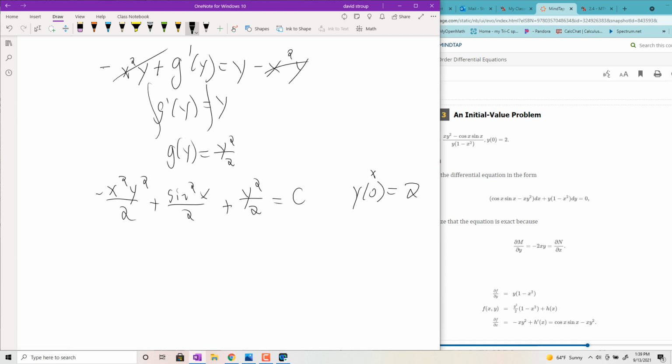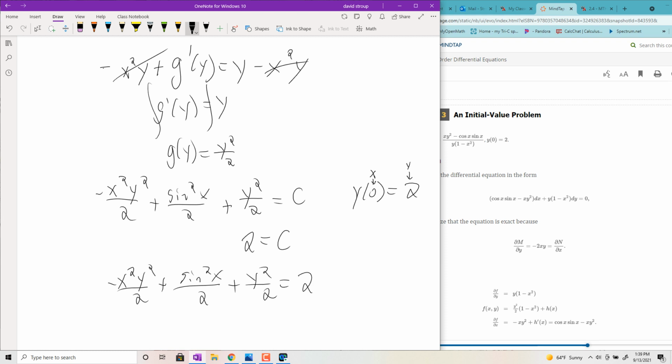The x is the 0, and the y is the 2, if that's not clear. Plugging in 0 in the first term will just be 0. Then the second term, sine of 0 squared, sine of 0 is 0, so that whole thing will just be 0. And then finally, plugging in y is 2, so y squared is 4, all over 2 is 2, equals c. So our answer should be negative x squared y squared all over 2 plus sine squared x all over 2 plus y squared all over 2 equals 2.